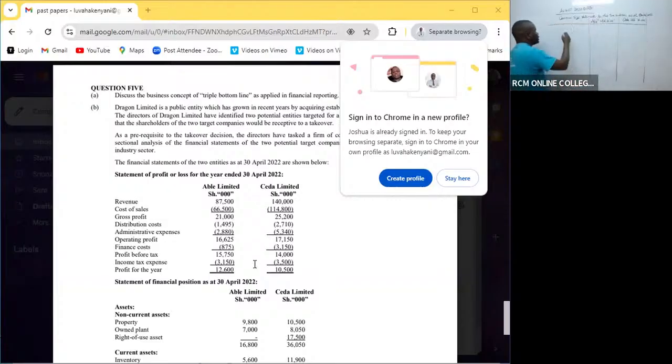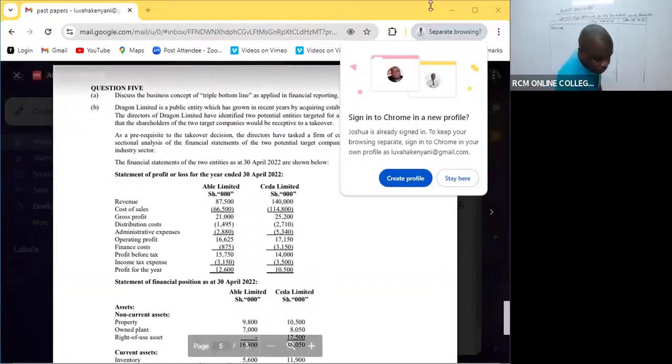So remember what he said: when you're coming up with a common size statement analysis with regard to the income statement, we take the sales or the revenue to be the base. So our sales here will represent 100% for the two companies.